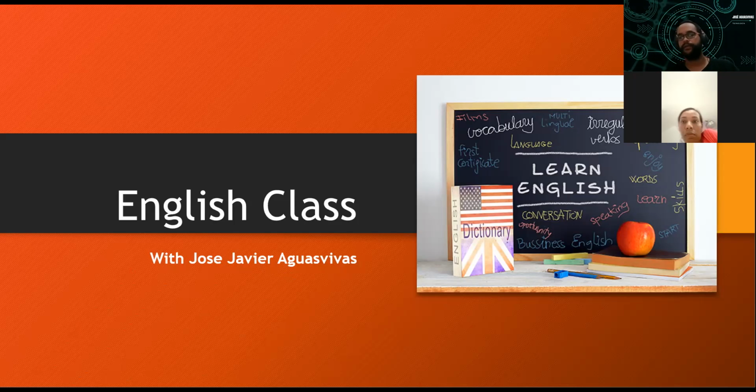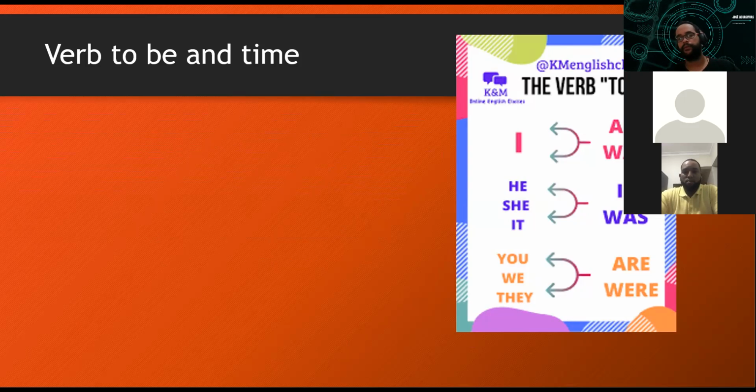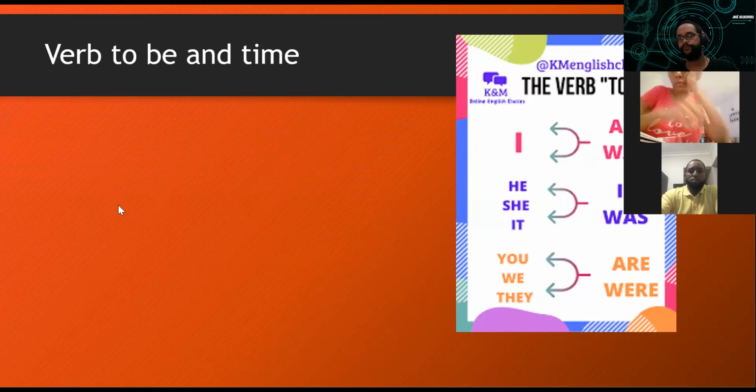Okay, we're back again. So today we're gonna be talking about the different time tenses with the verb to be. When it comes to the verb to be, we can use it for present, for past, and for future.